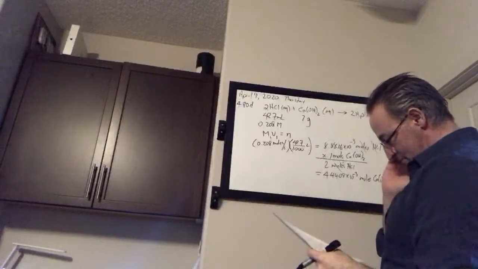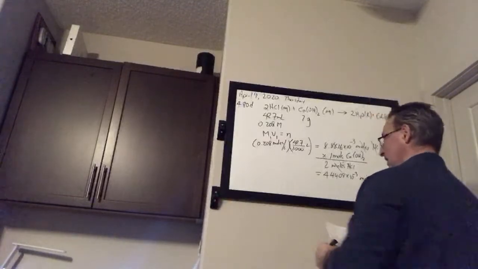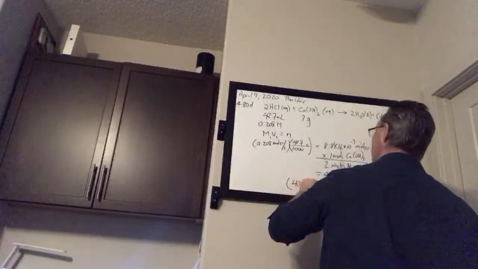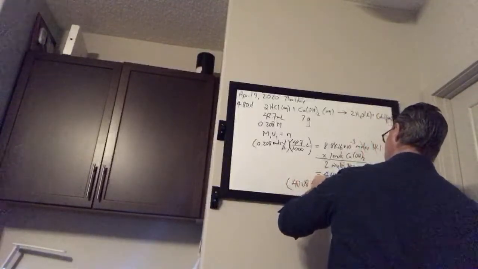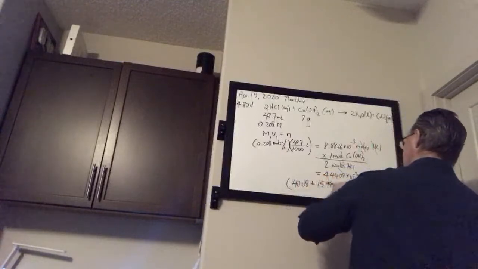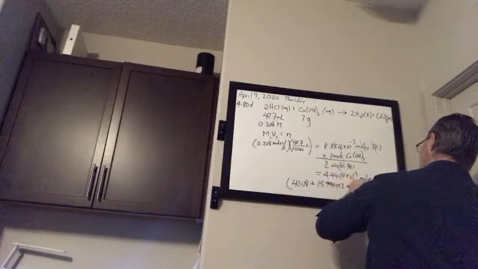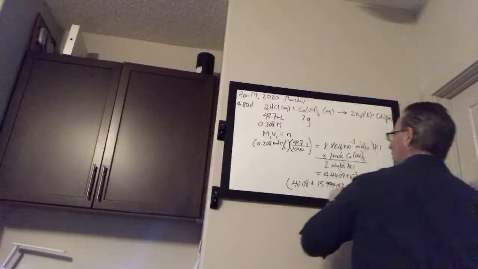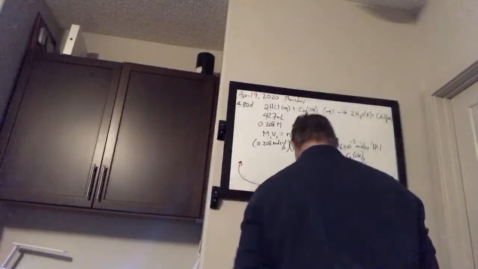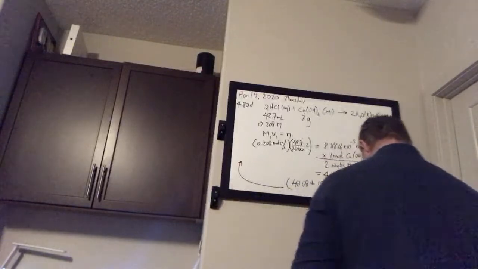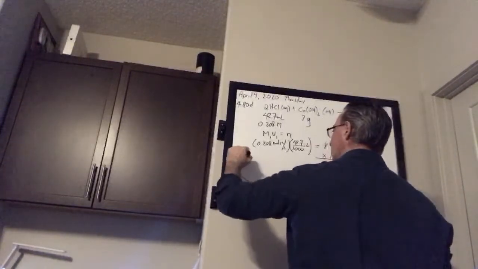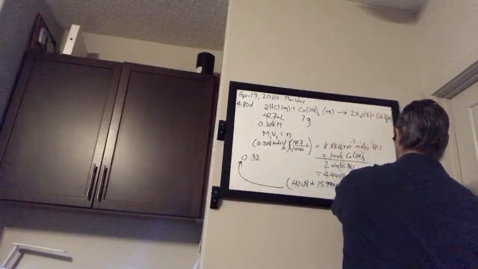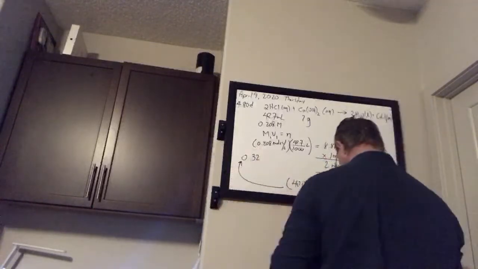And if we do the molar mass of calcium hydroxide, 40.08 for calcium plus 15.394 times 2 for the oxygens plus 2 times 1.00794 for the hydrogens, grams per mole. I'll put the result here. It works out to 0.32, so you're multiplying this quantity by the contents of this bracket.